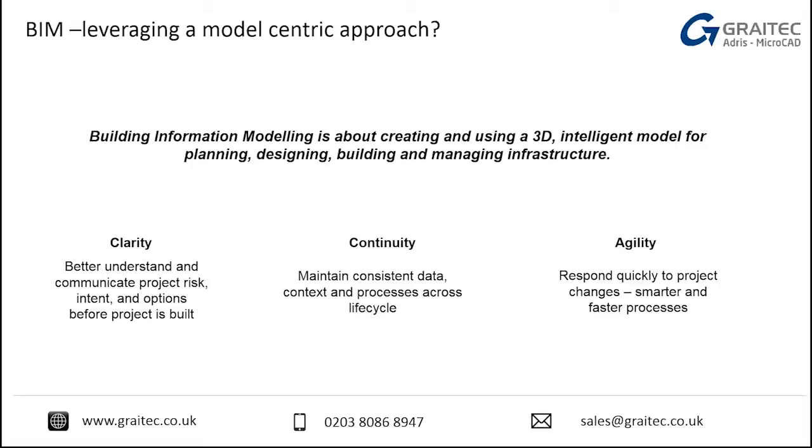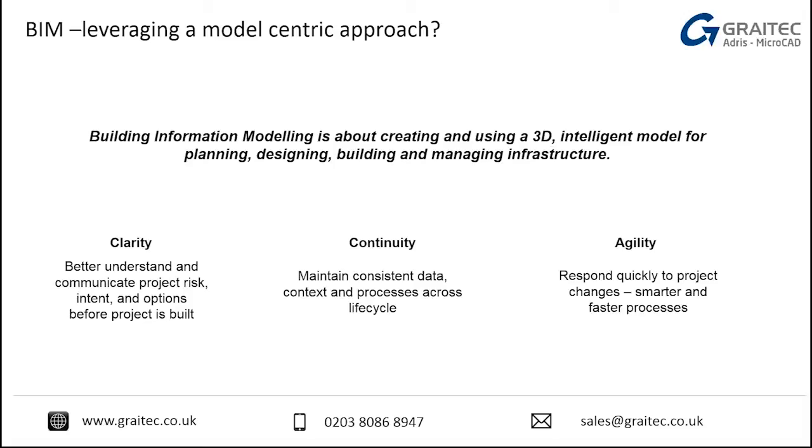We can continuously improve our design, but our data is consistent. When I demonstrate the software later on to the people who've never seen it, there's a facility in Revit called bidirectional associativity, and it basically means that a change anywhere within my drawings is a change everywhere. So if I make a change in a floor plan, my elevations are updated. If I delete an item, my schedules are automatically updated.